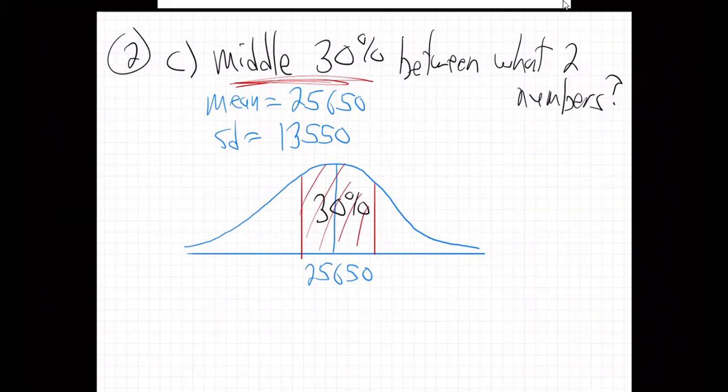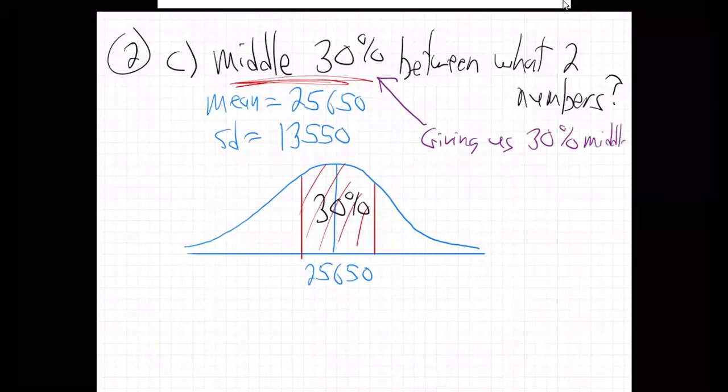Now, what are we going to do on our calculator? They are clearly giving us a percentage, right? They're giving us 30% in the middle, aren't they?